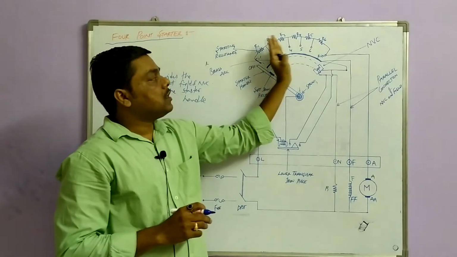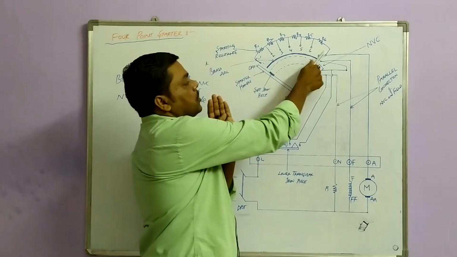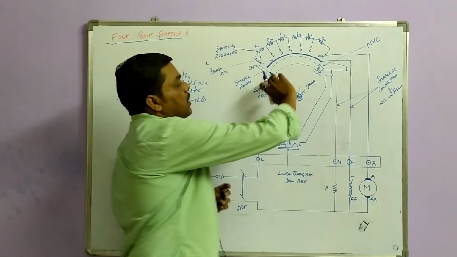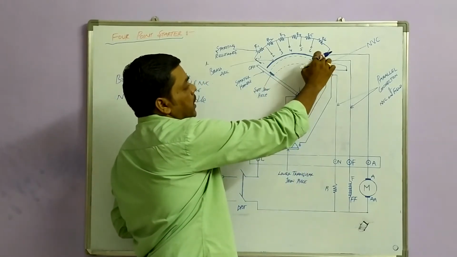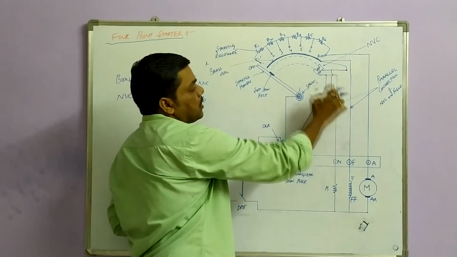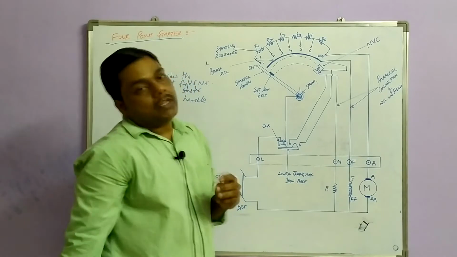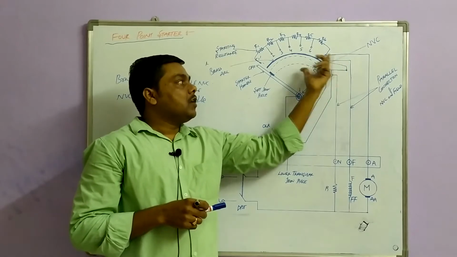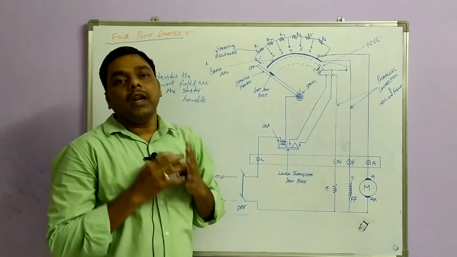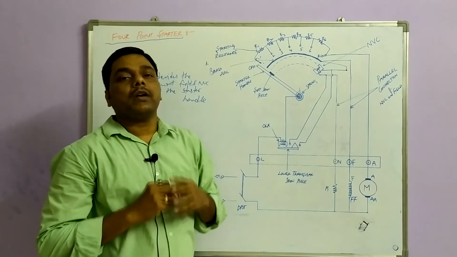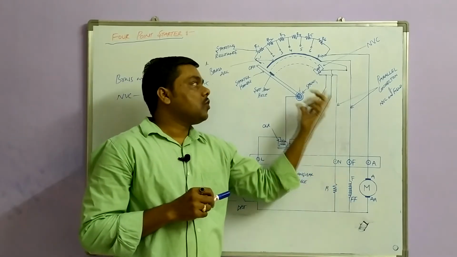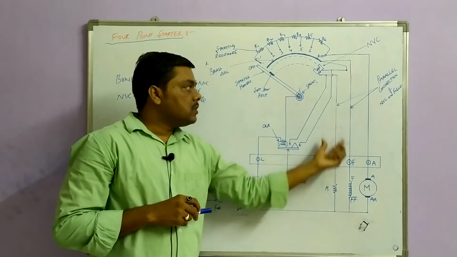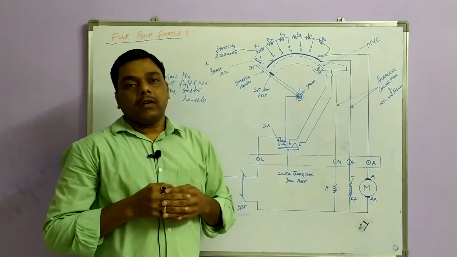Once you reach the run position, this handle moves to here, so the total line current flows to the armature, and at this position the field current is again divided into the NVC and this protecting resistance. Whenever the power supply is cut off and the no volt coil is released, the motor is protected by this extra resistance connected in series with the no volt coil.